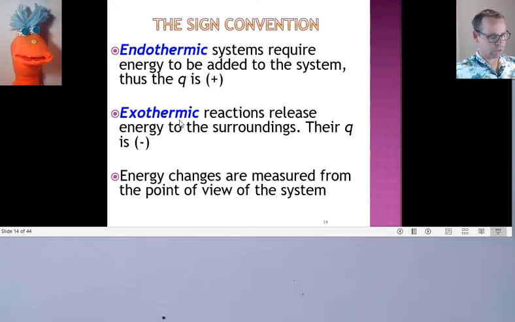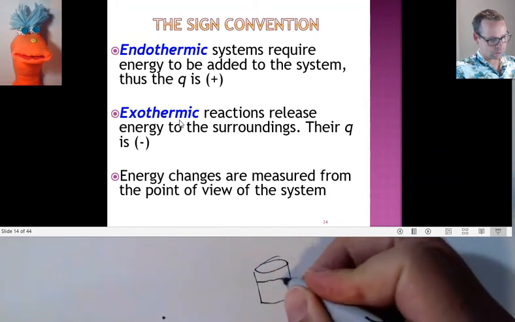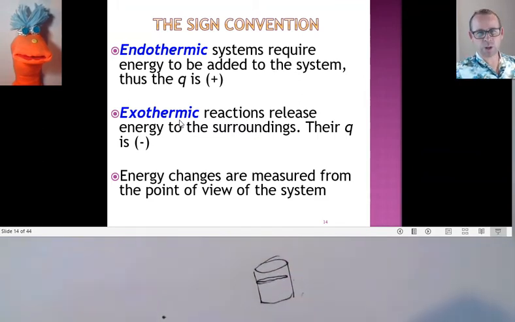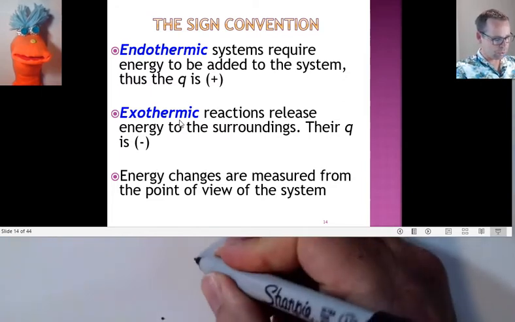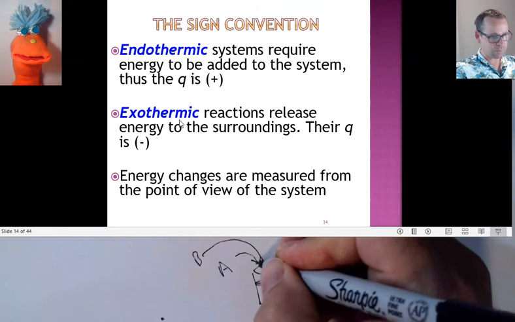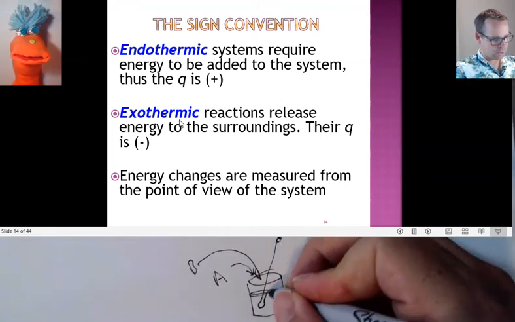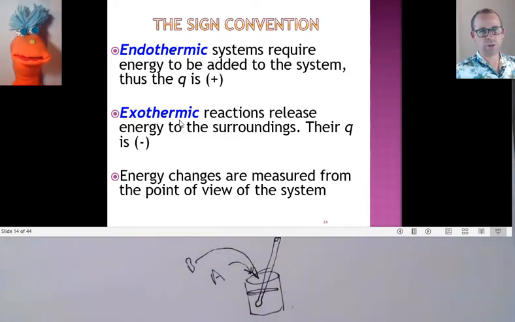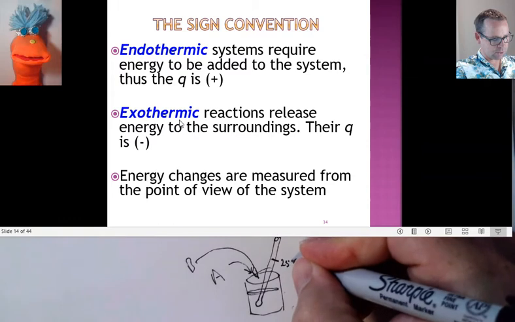Okay? So here's an example. I have a cup of water, all right? And I'm going to put in my two reactants, A and B. And I have a thermometer here that I can measure the temperature of the water. And it starts here at 25 degrees Celsius.